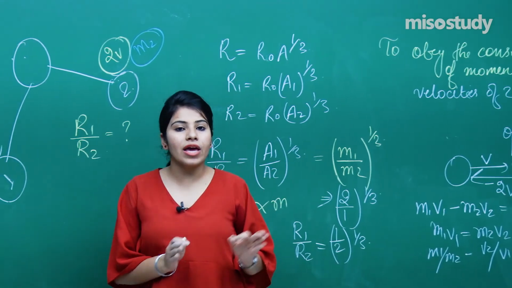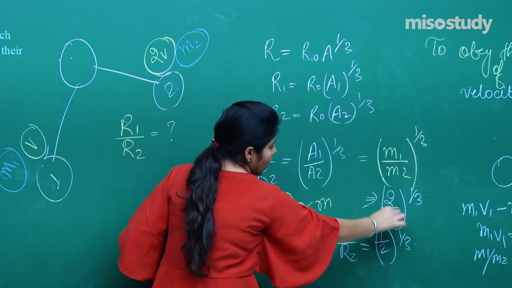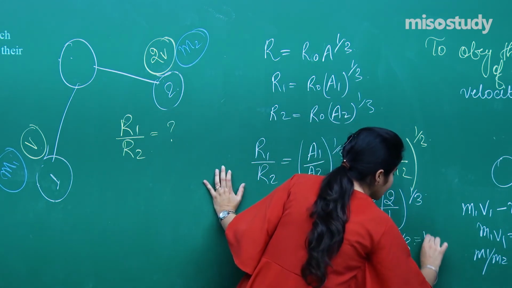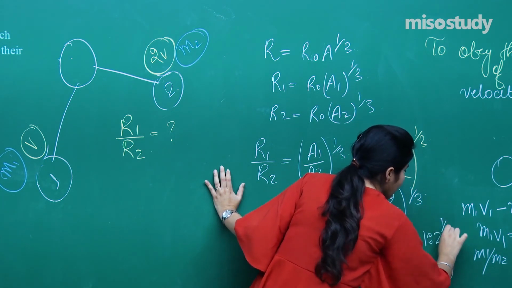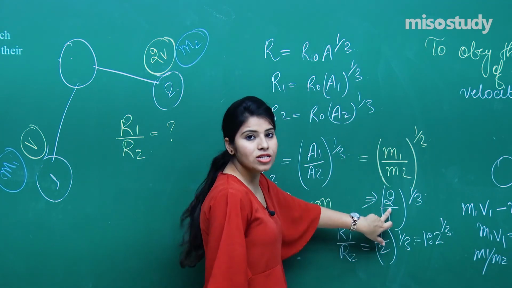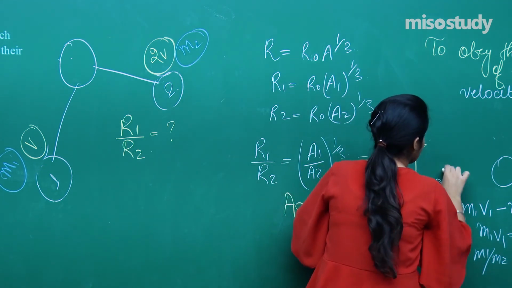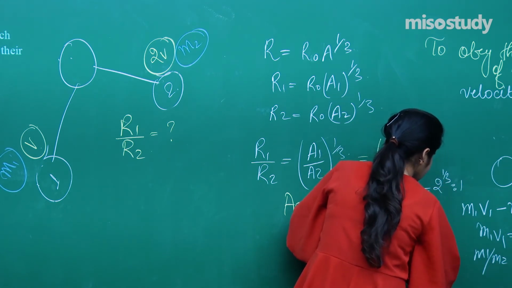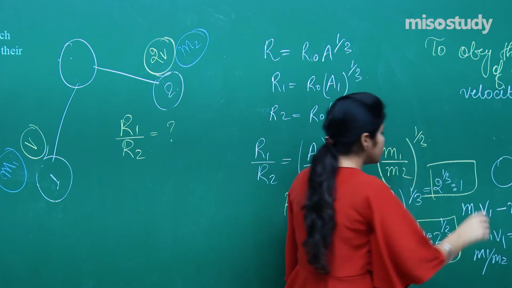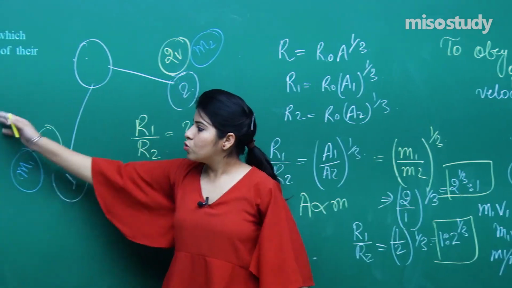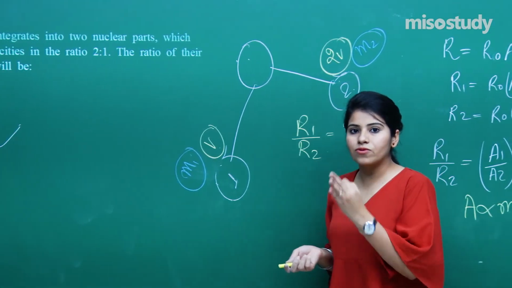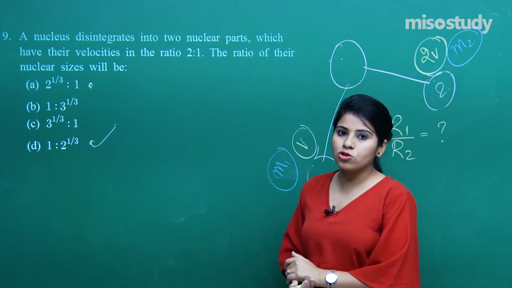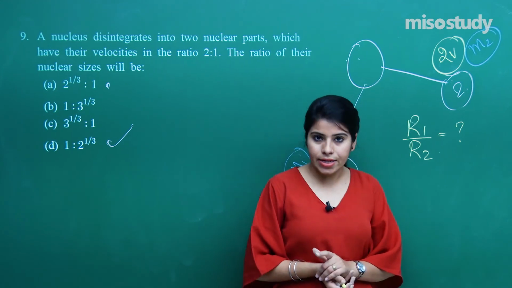If you put m1 upon m2 over here, your answer will be 1 upon 2 raised to the power 1 by 3, or you can write it in this manner, 1 is to 2 raised to the power 1 by 3. In the other case, you would write it as 2 raised to the power 1 by 3 is to 1. These are your answers. I don't think we have to imagine more about this. You can take 1 is to 2 raised to the power 1 by 3, right?